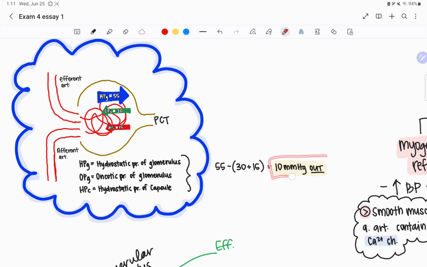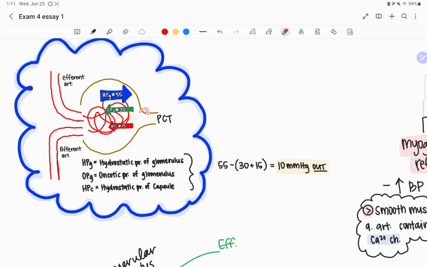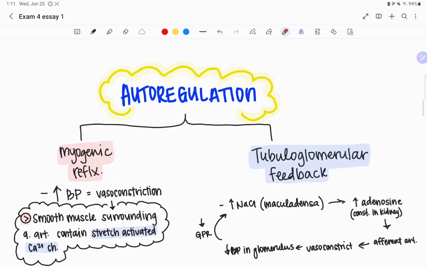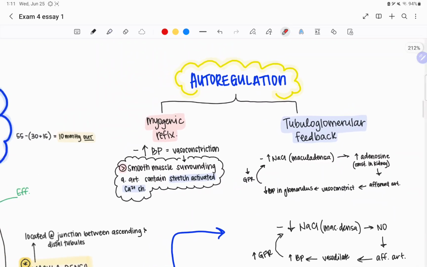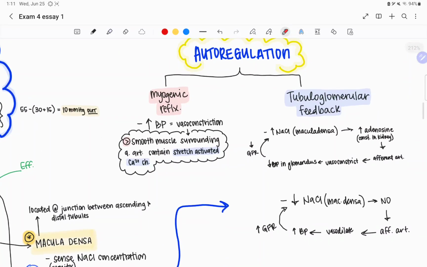So we've got 10 millimeters of mercury of pressure pushing stuff out. And that's what's causing the filtration, that hydrostatic pressure. Okay, and again, that needs to stay pretty consistent. So it's important that we regulate it, and that's called autoregulation. Now, if we have a high blood pressure, so a lot of blood is moving through there, what we're going to want to do is vasoconstrict, right?